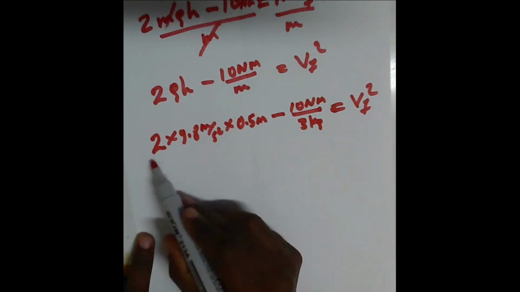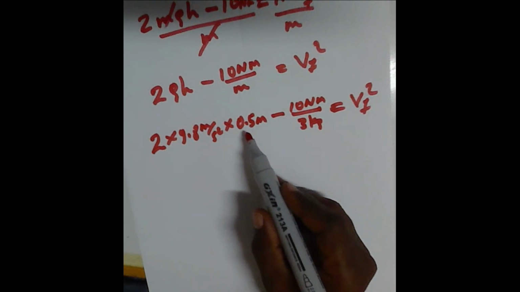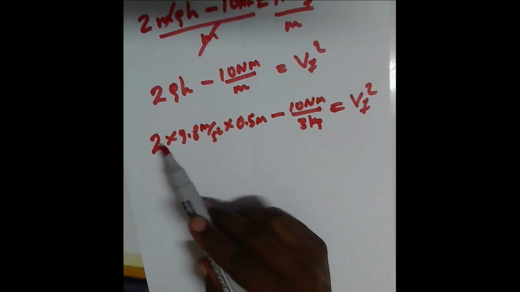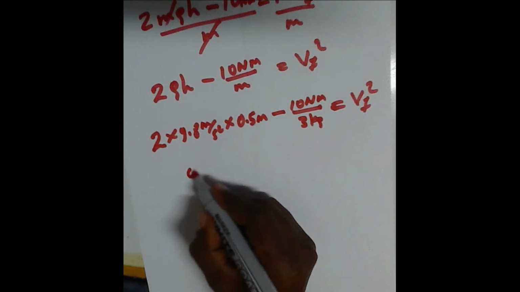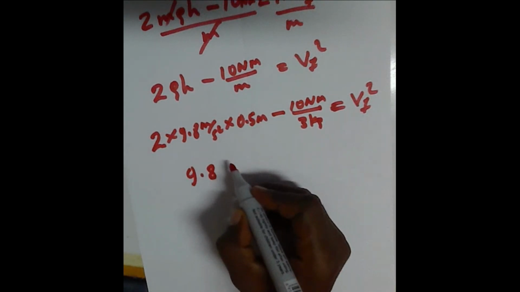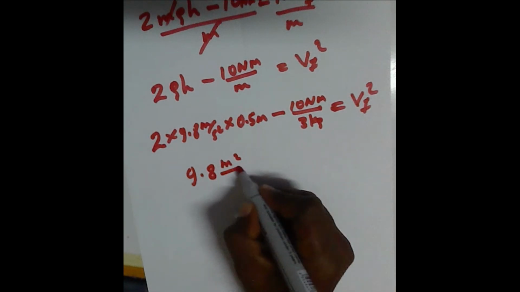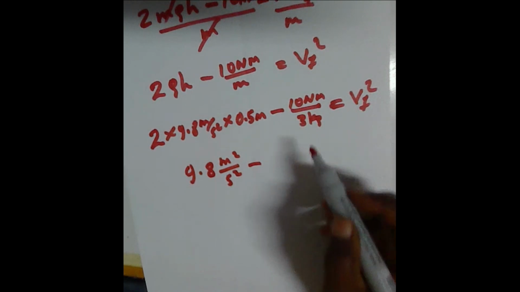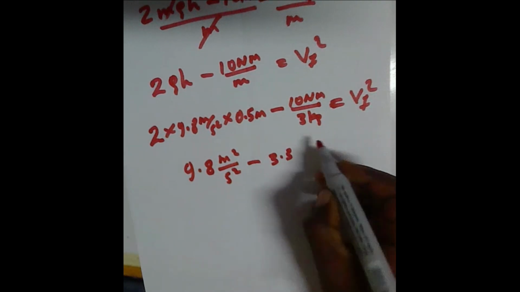When you multiply this together, 0.5 times 2 is 1, so this becomes 9.8 meter square per second square, minus 10 over 3, which is approximately 3.3.